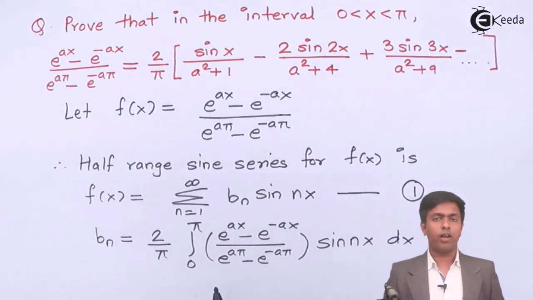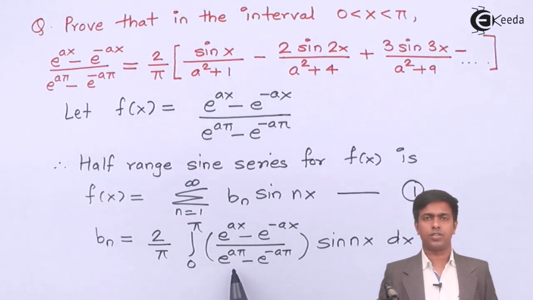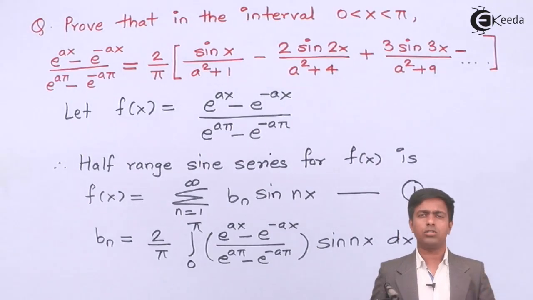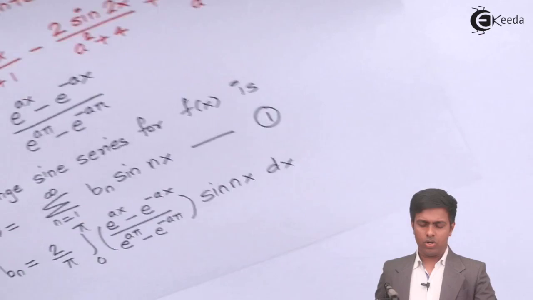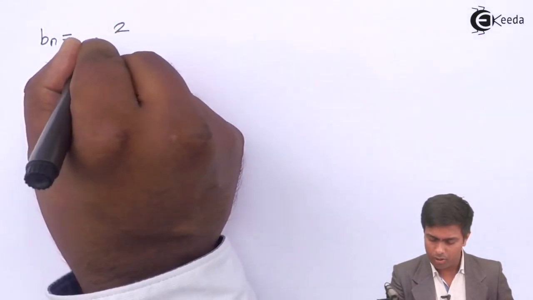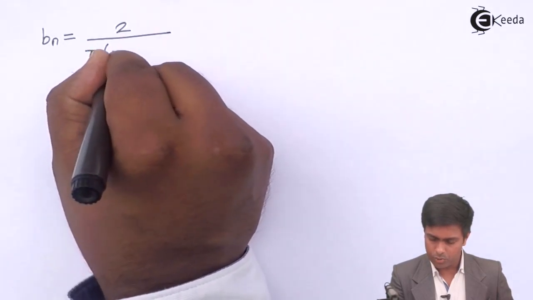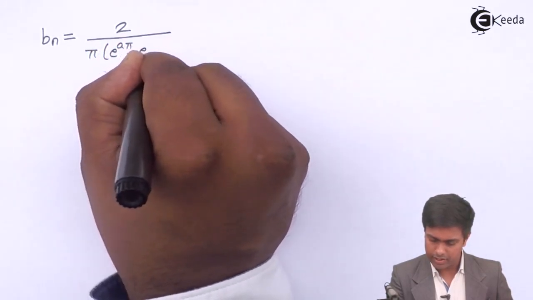Now guys, let's evaluate this integration. First of all, the term 1 upon (e raised to a pi minus e raised to minus a pi) is constant, and that is why I'm going to take that term outside the integration. So outside the integration we get bn as 2 upon pi into (e raised to a pi minus e raised to minus a pi).